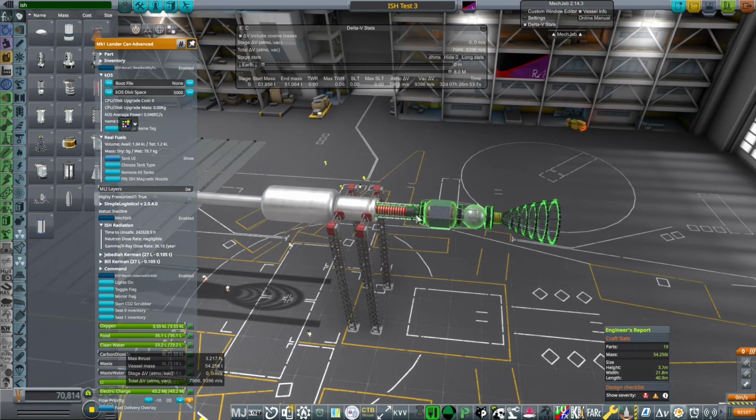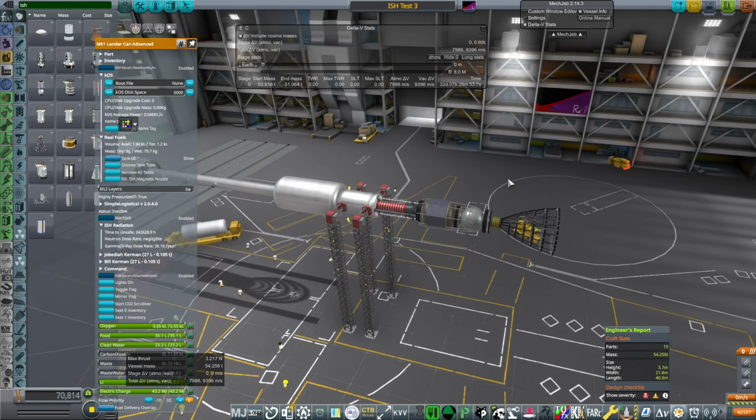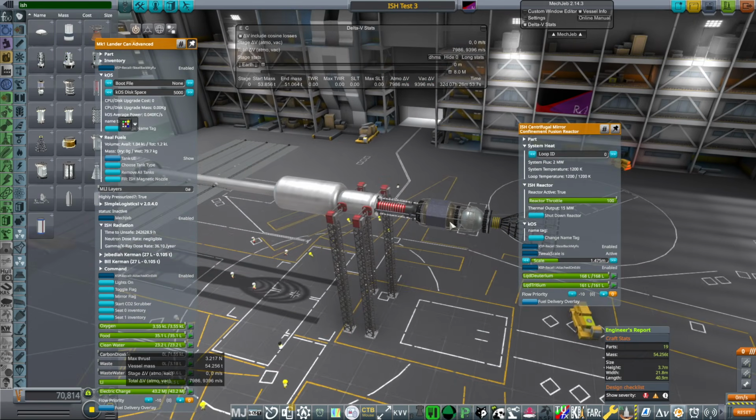The way all of the stuff in KSP, I mean not KSP, but Interstellar system heat works is that the ISP is set by the type of reactor and the propellant. And once the ISP is set, it takes the thermal output and then determines the thrust based on the thermal output and the ISP.